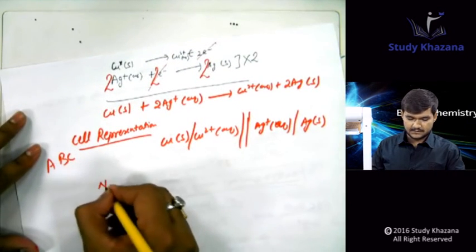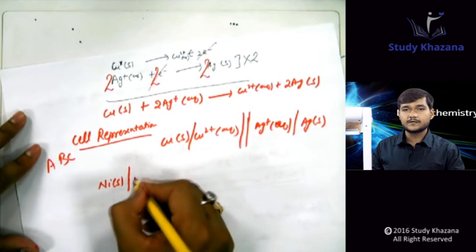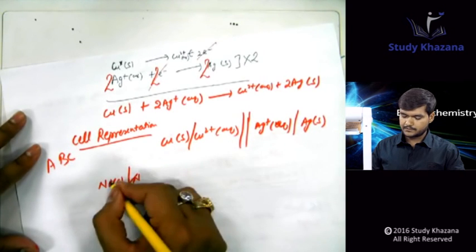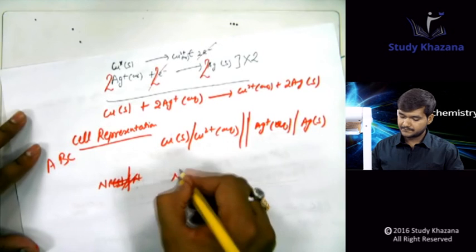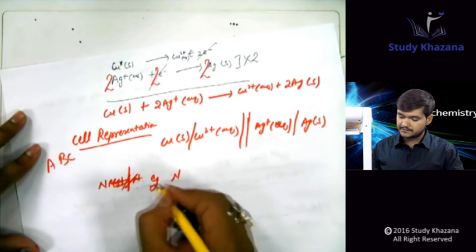So we have here nickel solid to nickel 2+ aqueous, salt bridge, and Ag+ aqueous becomes Ag solid. Another different type of example.